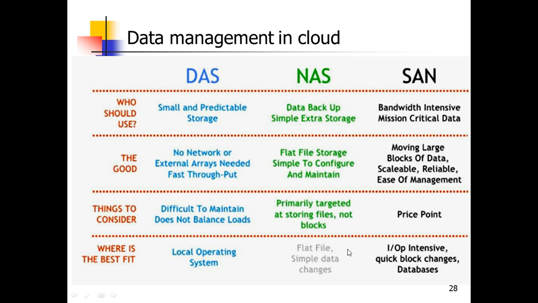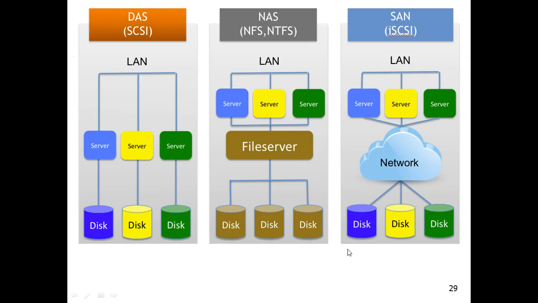With this, your topic will be over. We have one last thing, that is how you are going to connect your different devices. This is a server, and you attach a bunch of disks with it. Whereas in NAS you have different servers, and by using the file server or network, you will be connecting the devices.